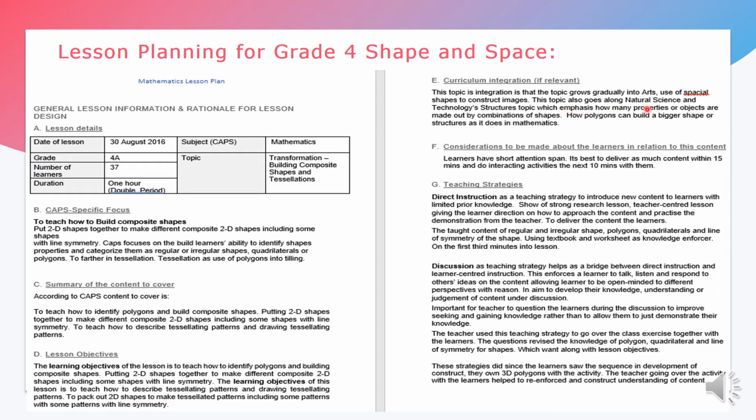This topic also goes along with the natural sciences and technology structures topic, which emphasizes how many properties of objects are made out of a combination of shapes and how polygons can build a bigger shape with structures, as it does in maths. So you can see how another subject is similar to this topic found in maths. So you can't just take another maths subject. It has to be anything but maths.